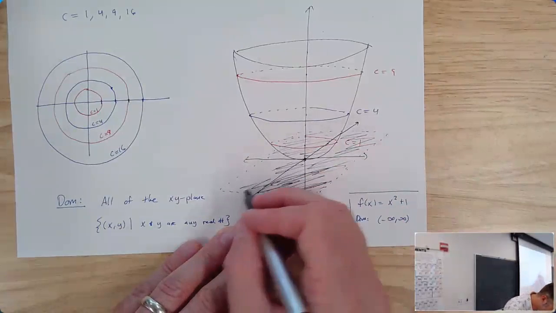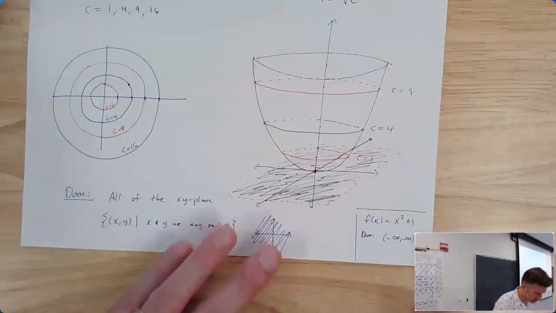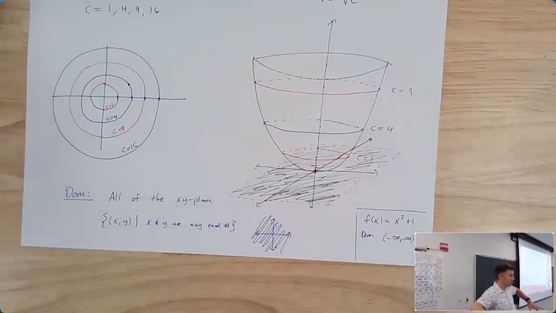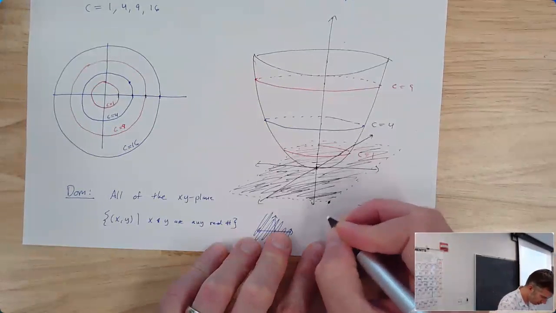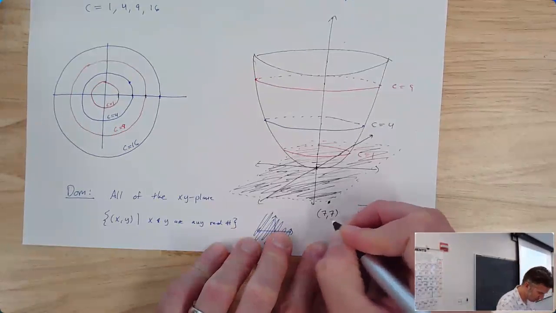But there's kind of my XY plane, right? It's the floor. And what we're saying is you can pick any point on the floor. Maybe I want to pick the point over here, I don't know, 7, 7.